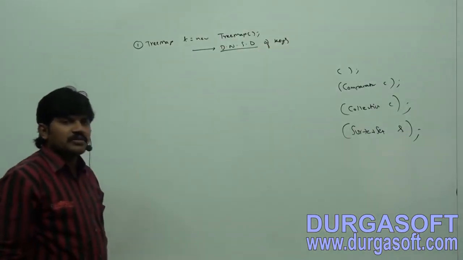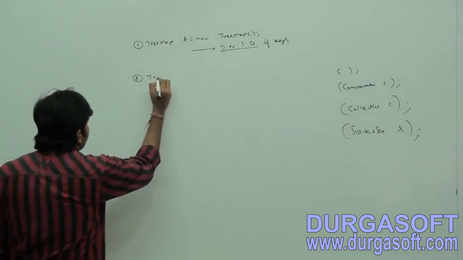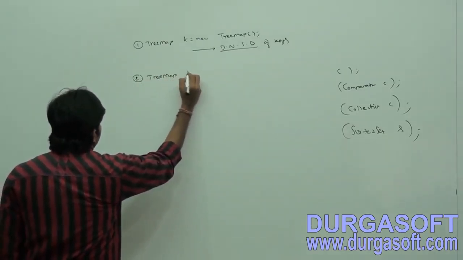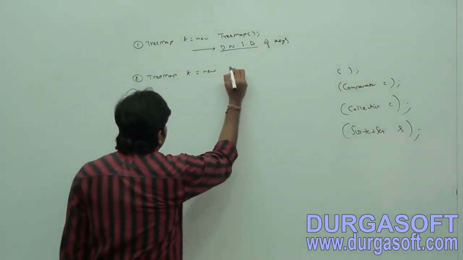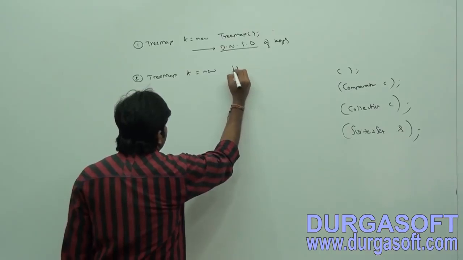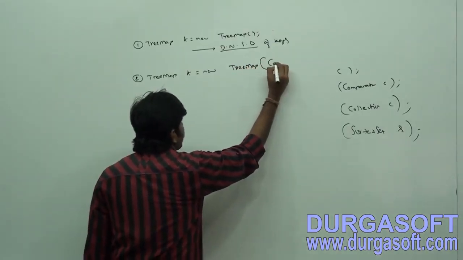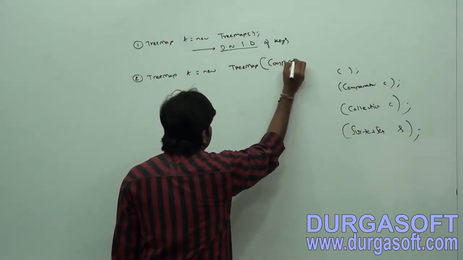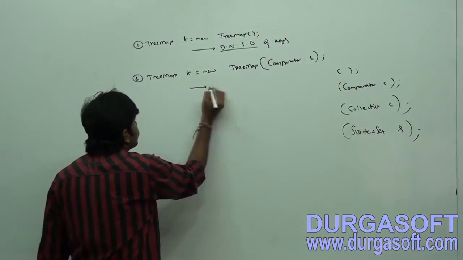Second one: TreeMap t = new TreeMap(Comparator c). Do you know what this constructor is meant for? Customized sorting order.